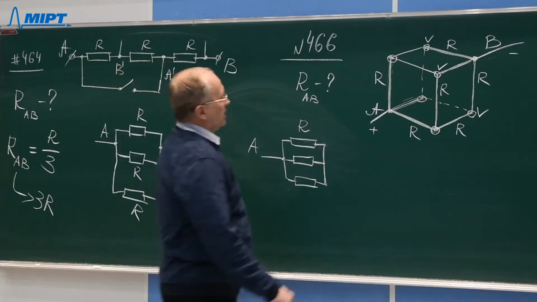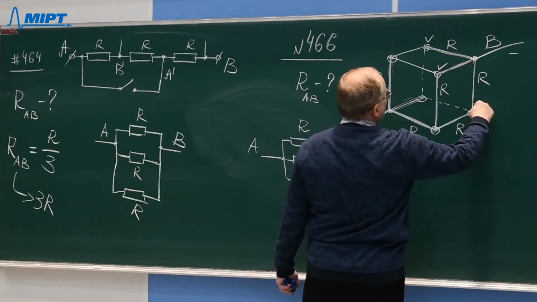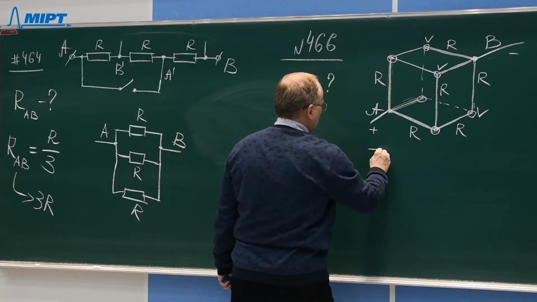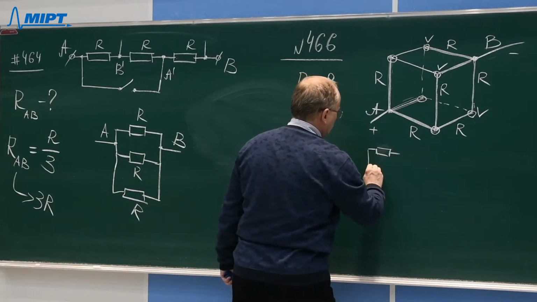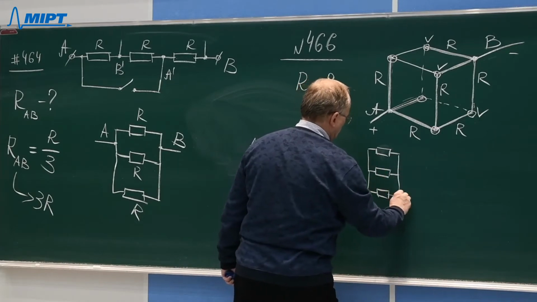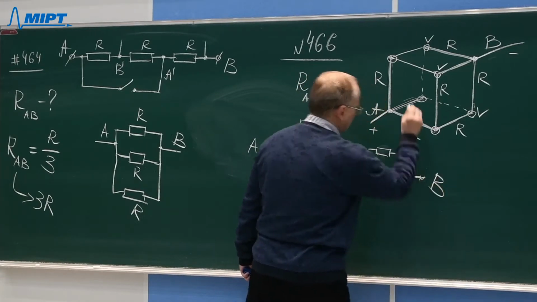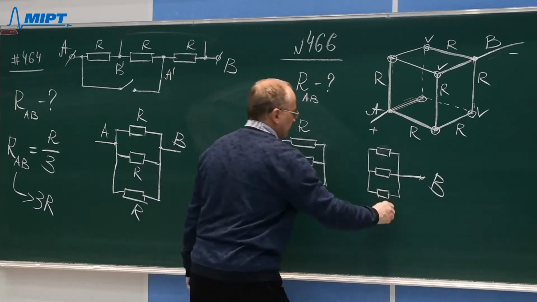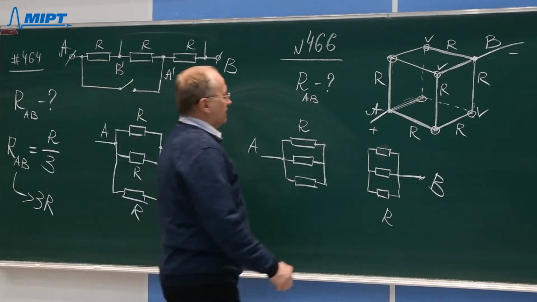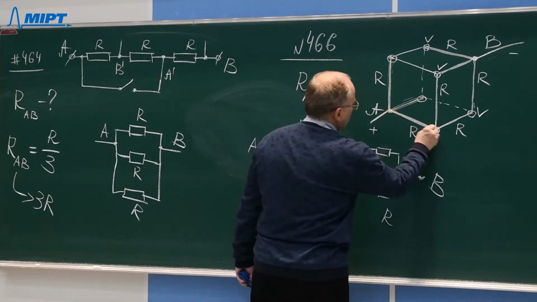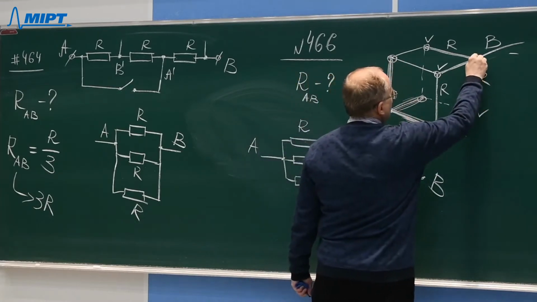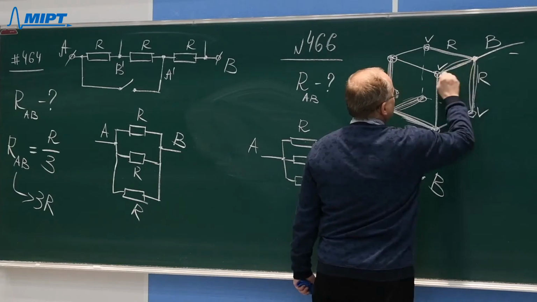Therefore, all these 3 resistors can also be considered as connected in parallel. And this is point B of the cube. And all the resistors are the same. So we have dealt with the 3 vertices and another 3 vertices and another 3 edges of the cube, this one and this one and this one.